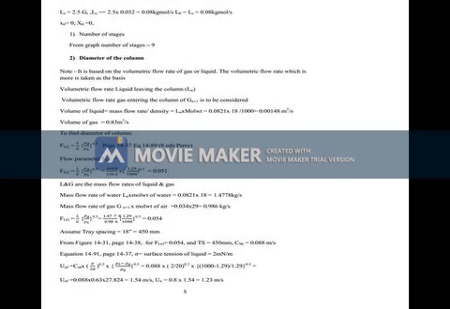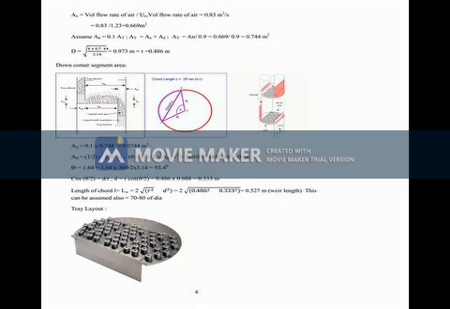Here hour is to be converted into second, and yn plus 1 is given, that is the mole fraction of acetone in the feed. Note, temperature is 298 Kelvin, pressure is 1 atmosphere, m is the equilibrium line slope 1.68, and 98% of acetone is removed.